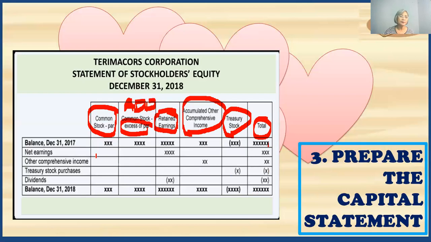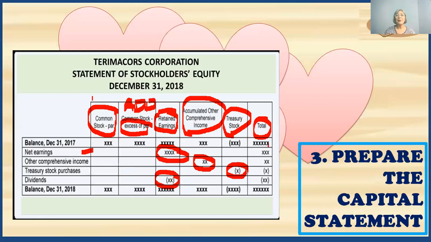So, nakikita nyo, net earnings naka-add sa retained earnings. Other comprehensive income. Kung wala yung account na yan, dito na rin yan sa retained earnings. Tapos yung dividends naka-deduct sa retained earnings. And then, treasury stock purchases. Kung meron, i-add mo yun sa treasury stock purchases. Ngayon, kung itong common stock magkakaroon ng panibagong issuance, idadagdag doon din sa issuances ng common stock.